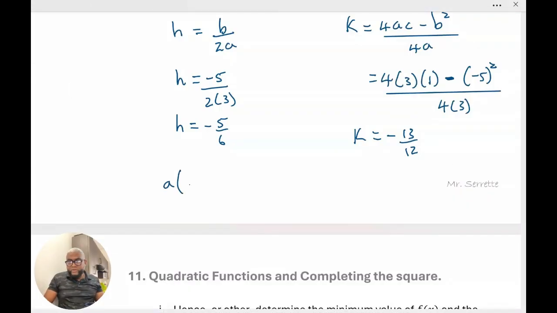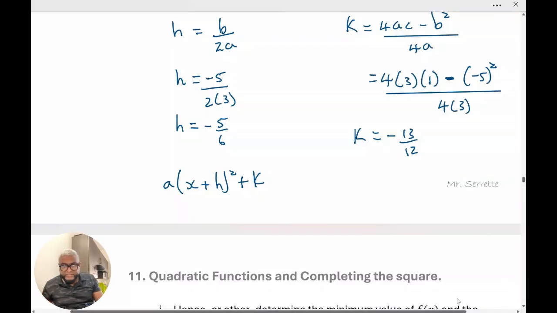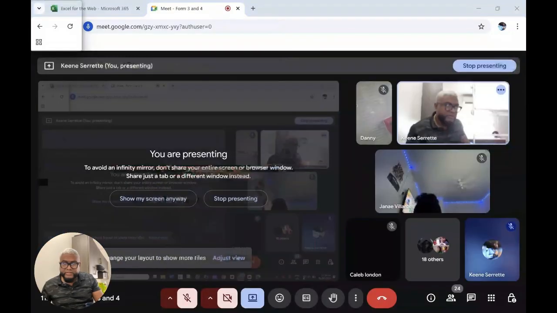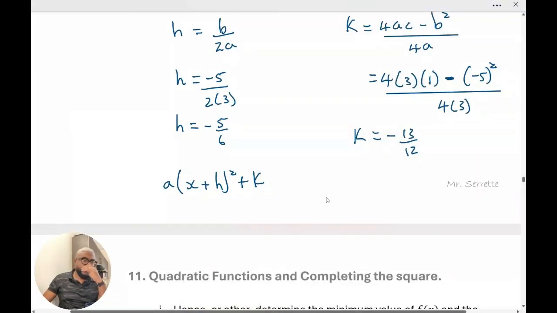So it'll be a open bracket x plus h, squared, plus k. Okay, so they asked us to complete the square. So I'm going to complete the square now, right? So what would a be? What is a?